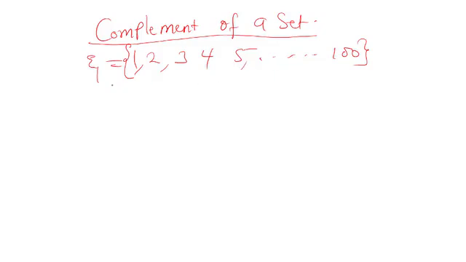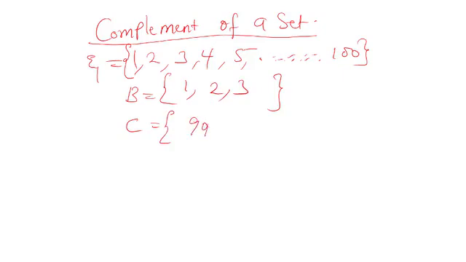And we now say let B is equal to 1, 2, 3. And let us say C is equal to 99 and 100. If I say complement, it means what is in this big set that is not here.